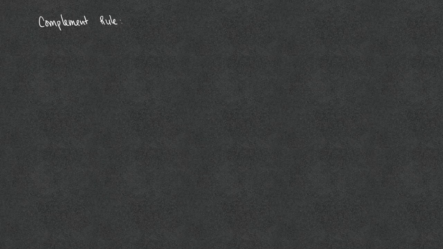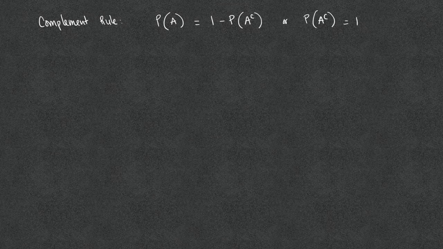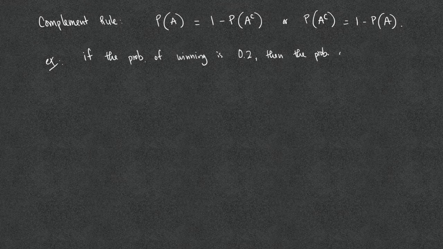We will look at some of the examples of the complement rule, which states that the probability of A is 1 minus the probability of A complement, or the probability of A complement is 1 minus the probability of A. For example, if the probability of winning is 0.2, then the probability of losing is therefore 1 minus 0.2, which is 0.8.